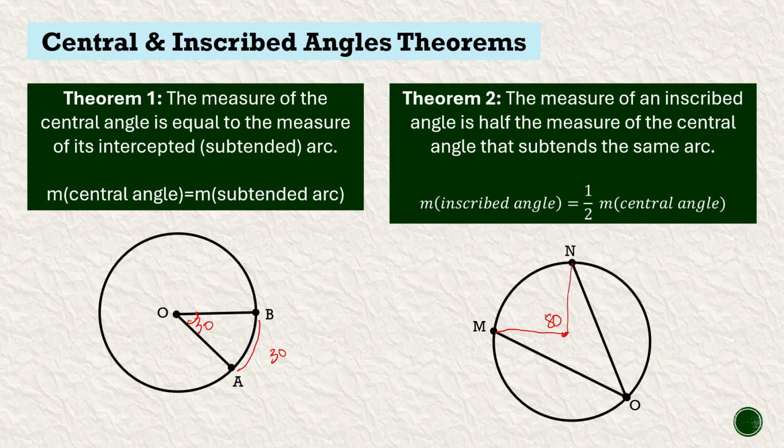According to the theorem, half of that is the measurement of angle MON, which is, in this case, 40.